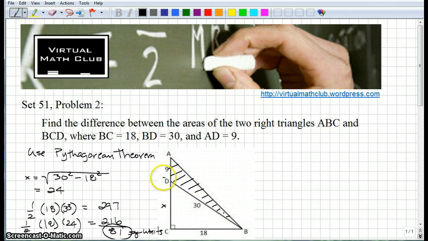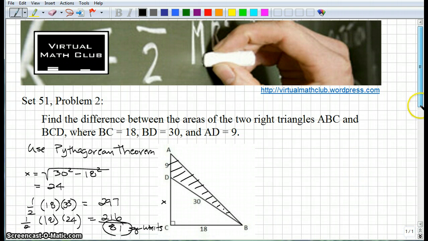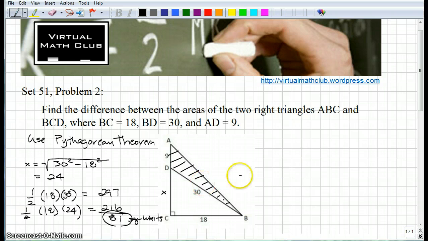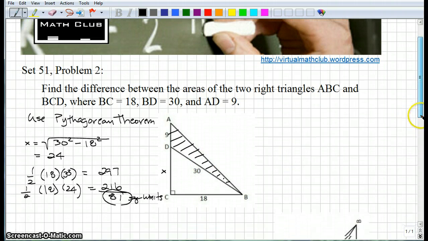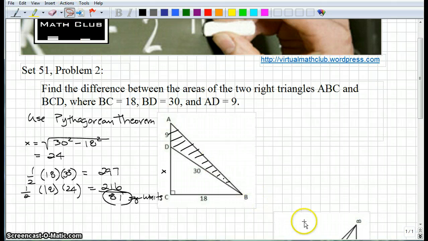But that's not a right triangle, okay? And we need a base and a height, one half base times height. The key to this one is that now you can either turn your head or rotate your paper. I'm going to pull another picture up here.